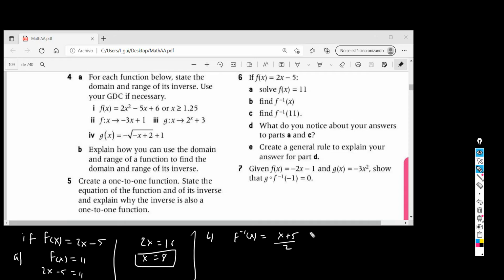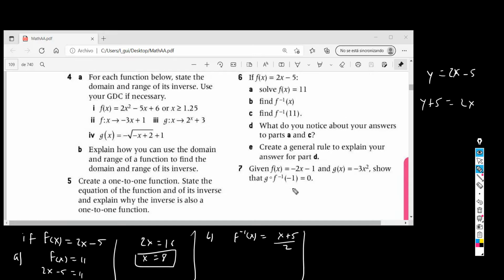Am I right? Yes, that's it. F inverse of x is equal to x plus 5 over 2. Of course, you're going to be doing the whole process, right? Let me check. I'm a little sleepy, and I need to check. Y equals 2x minus 5, y plus 5 equals 2x. Yeah, that's right. This is f inverse.